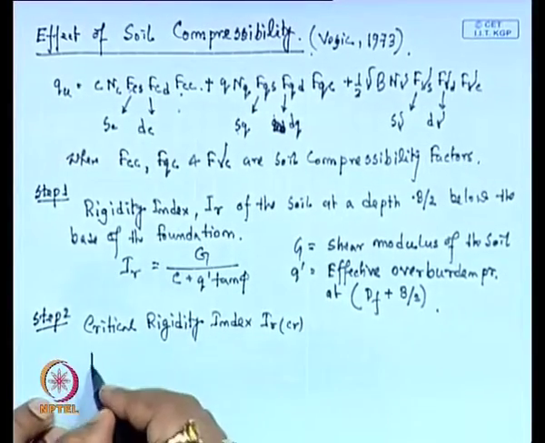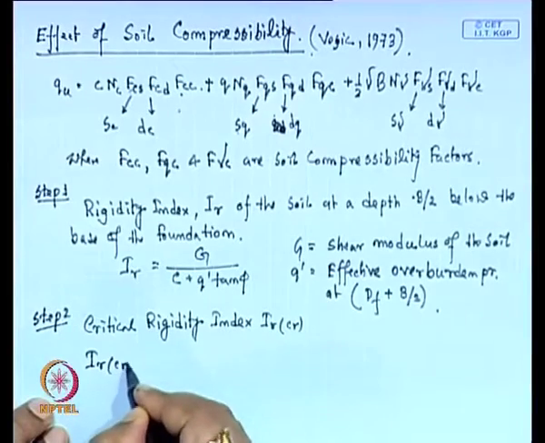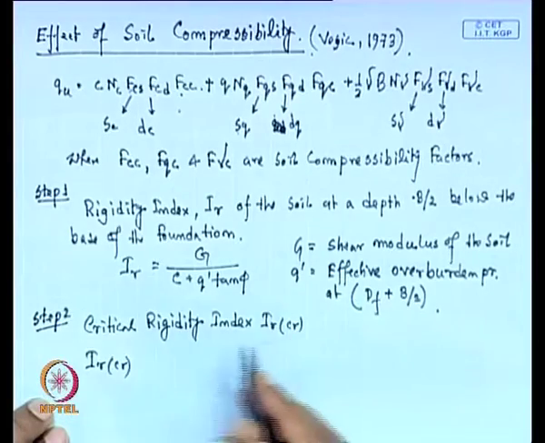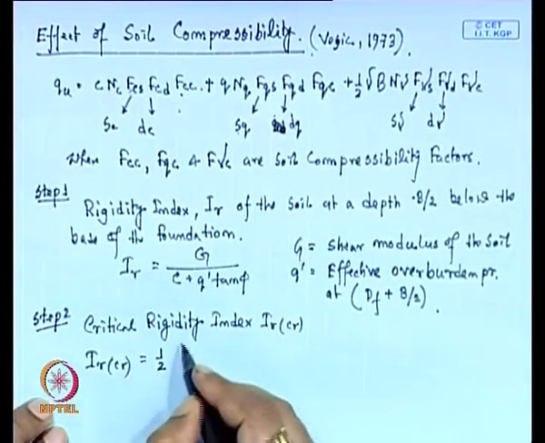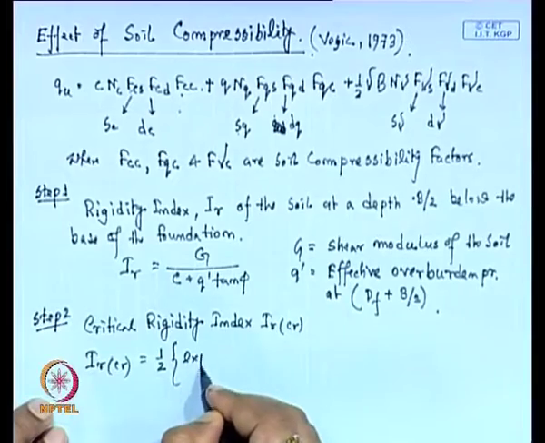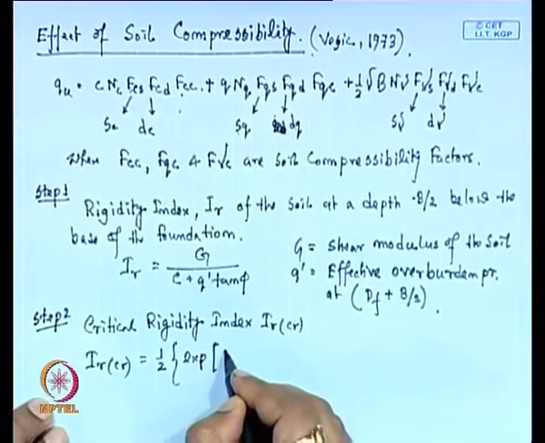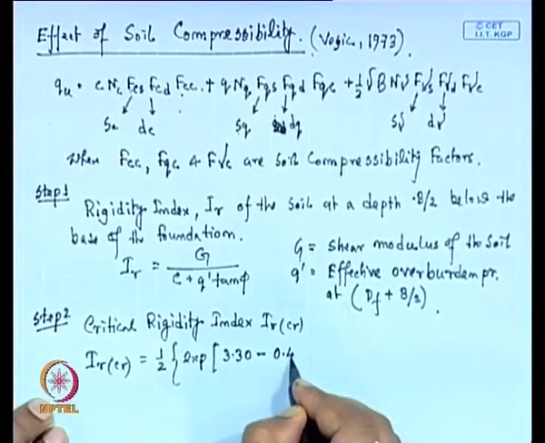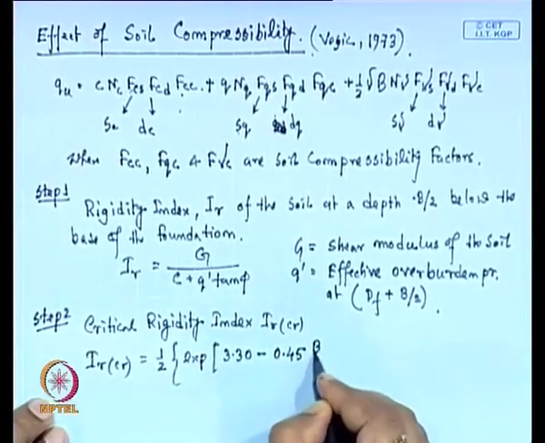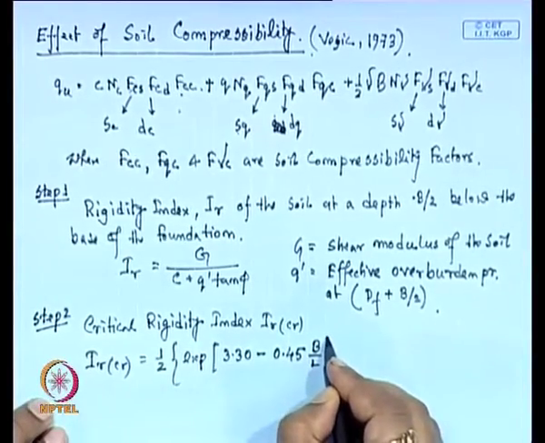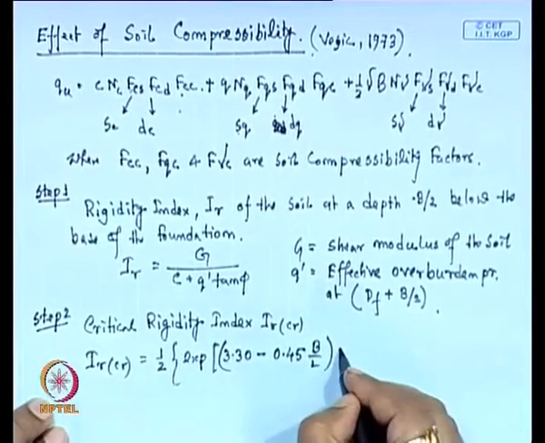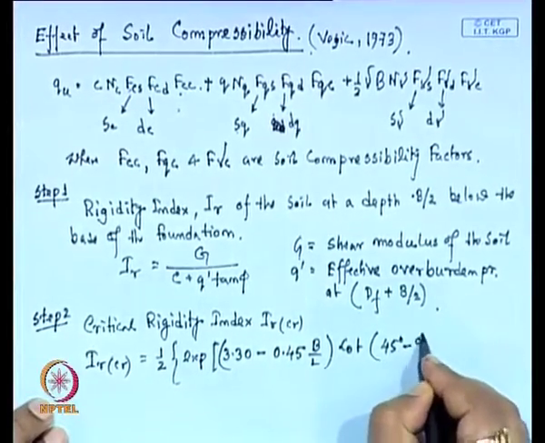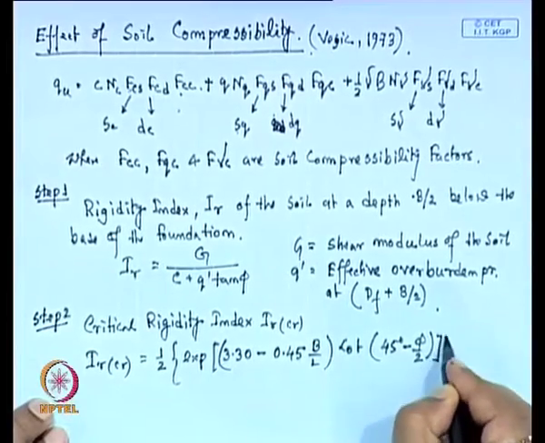The expression for IR critical is half exponential of (3.30 minus 0.45 B by L) cot (45 degree minus phi by 2).